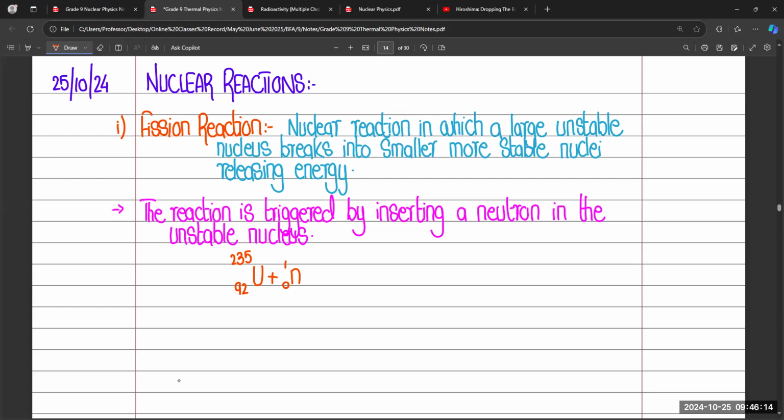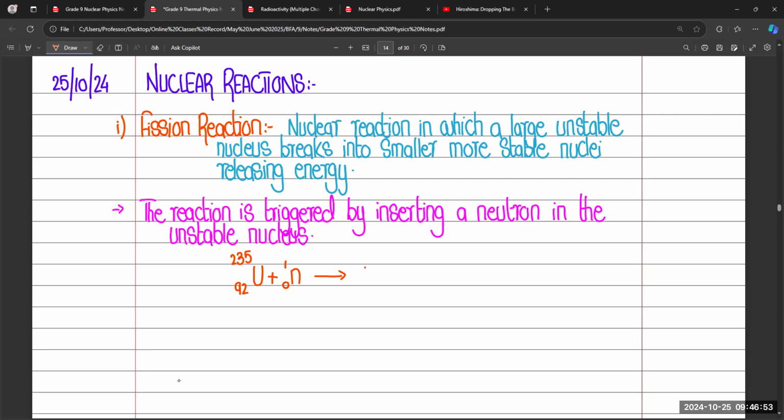When we add these two elements, in result we will get, according to the definition, a large unstable nucleus breaks into smaller, more stable nuclei, right? So it splits into smaller nuclei, and those smaller nuclei can be any element. In our chapter, we don't need to remember any element names, because equations are already given in your question, and you need to complete the equation only by balancing the number of protons and number of nucleons.